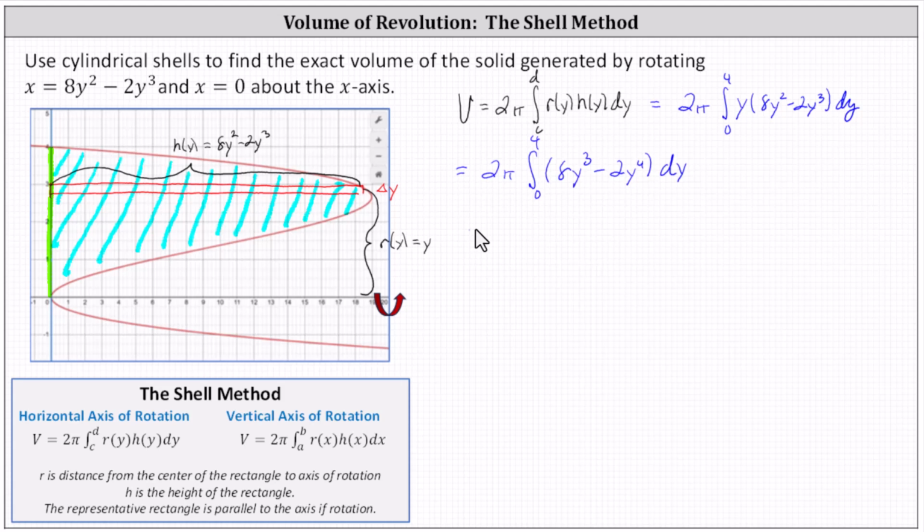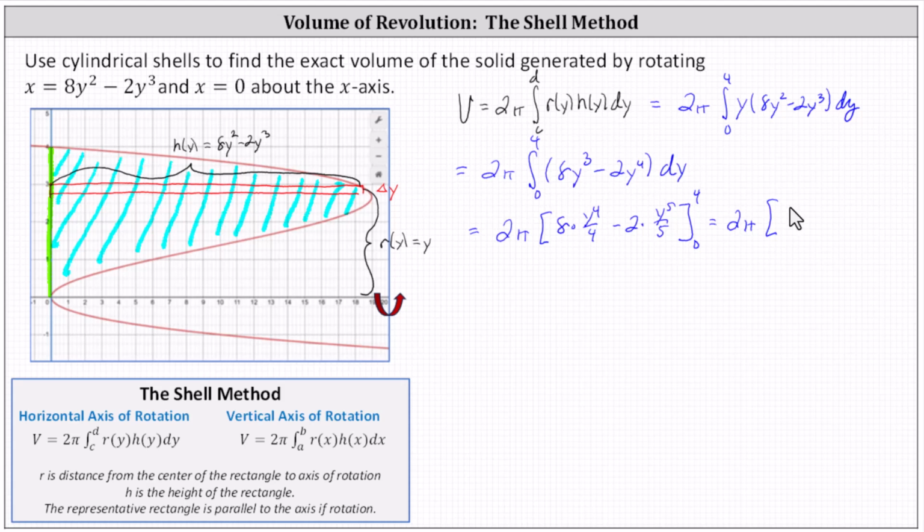And now we determine the antiderivative. And don't forget about the 2 pi. We have 8 times y to the fourth divided by 4 minus 2 times y to the fifth divided by 5. Let's go ahead and simplify the antiderivative.